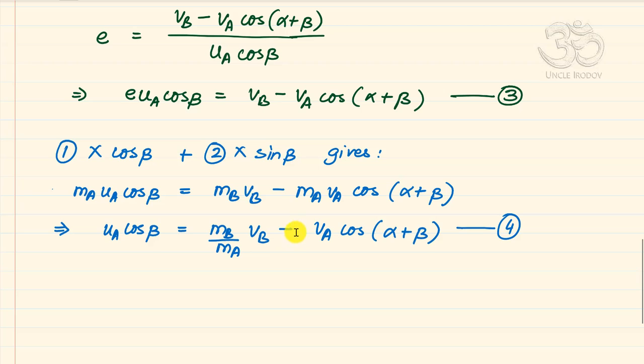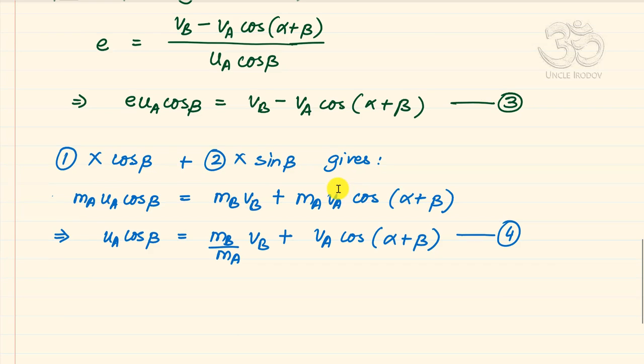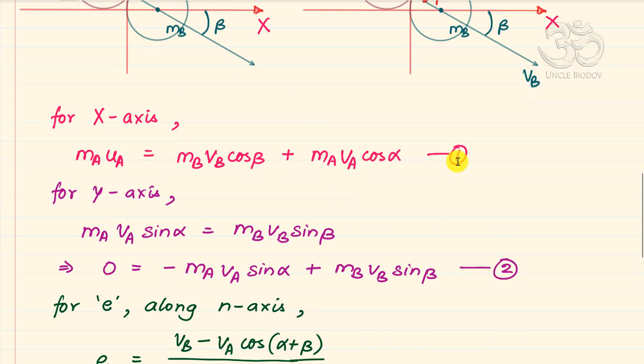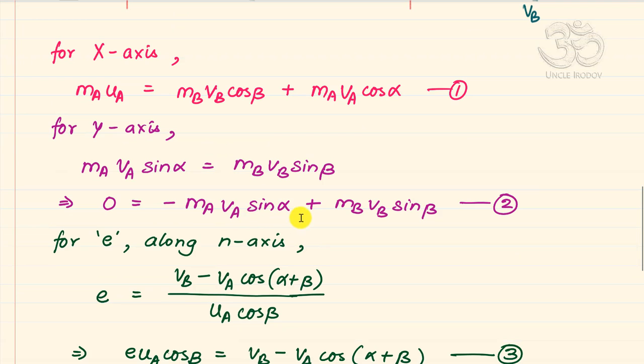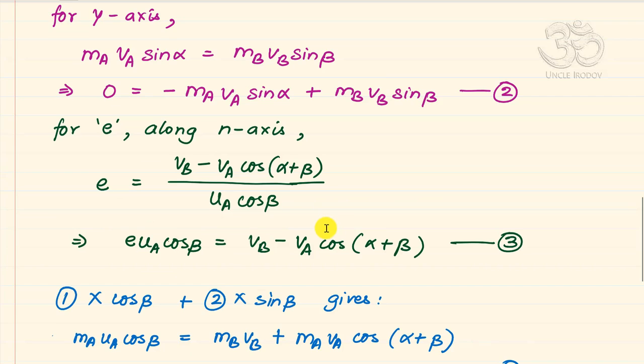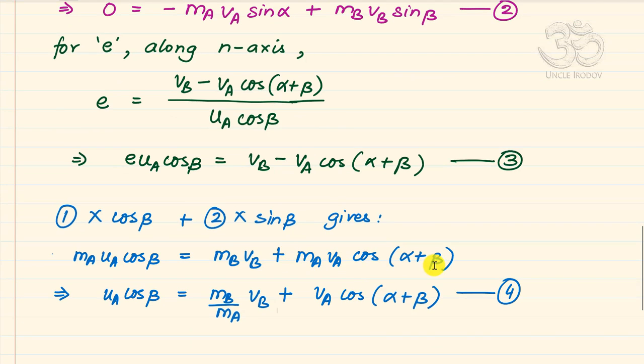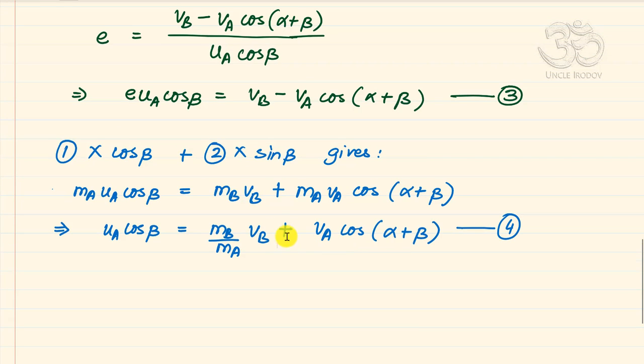I think I'll get a plus here. I have made that mistake because there will be MAVA cos alpha cos beta and minus MAVA sin alpha sin beta. So MAVA taken out, cos alpha cos beta minus sin alpha sin beta, that will give me plus MAVA cos of alpha plus beta. So I'll end up with a plus here.